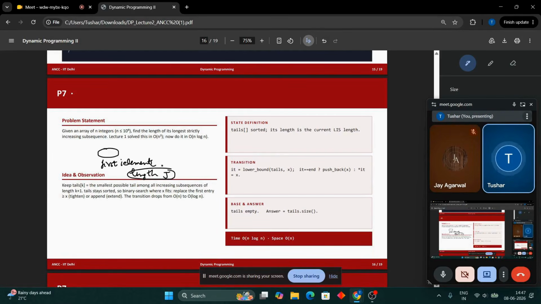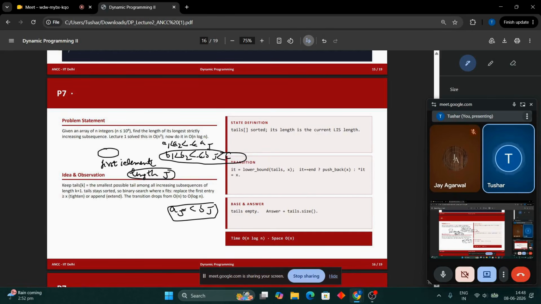Suppose a subsequence of length j is a1, a2, say aj, increasing, and another subsequence is b1, b2, say bj. And if aj is less than bj, then if there exists an increasing subsequence of a larger length involving this prefix, suppose it can be extended with some element c.